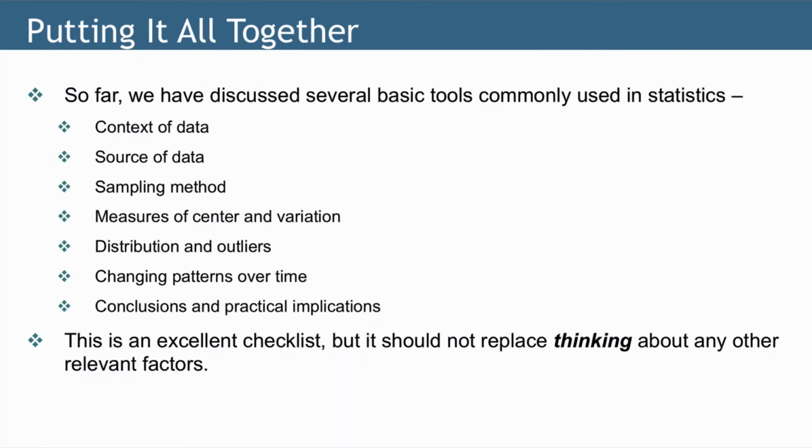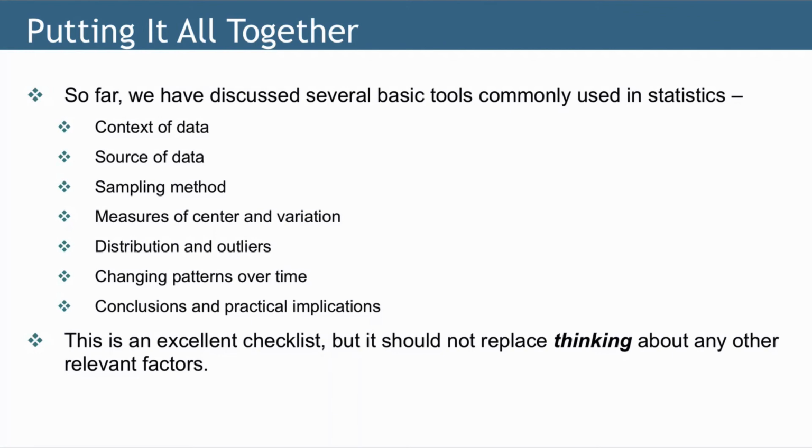So, putting it all together, we want to know the context of the data, where the data is coming from. Hey, are we using good sampling methods? And then we can talk about measures of center, measures of spread or variation. We can make those charts to look at the distribution, in other words, the shape. That can also tell us skewness and therefore outliers. And then, of course, one thing to always consider is, do things change over time?